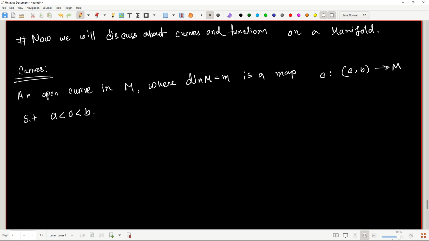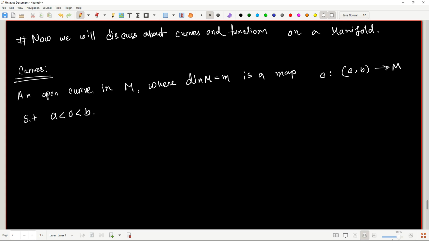That means a is less than 0 and 0 is less than b. Here a and b can vary from minus infinity to plus infinity, and we chose them in such a way that 0 lies in between them for our convenience.